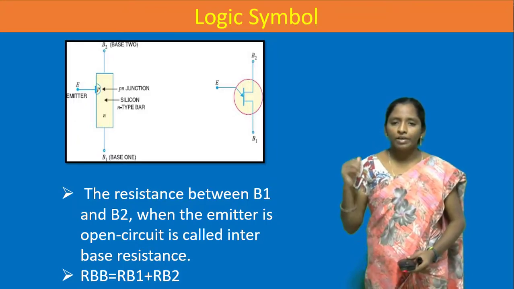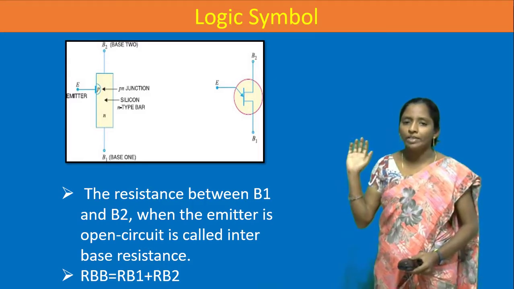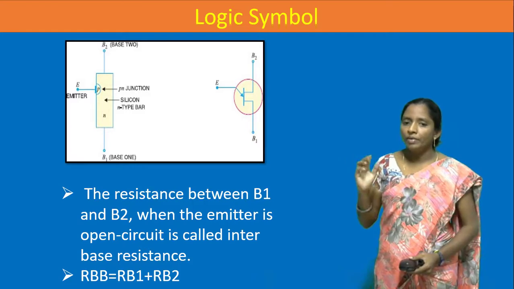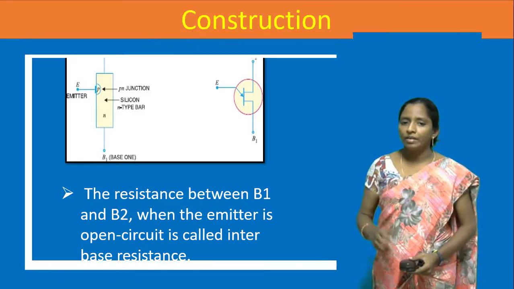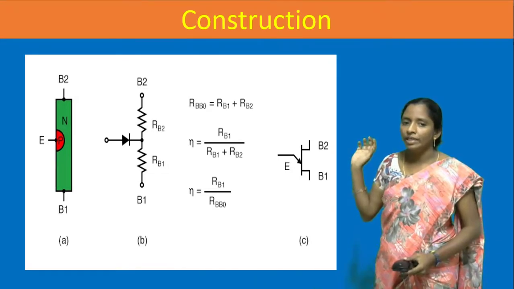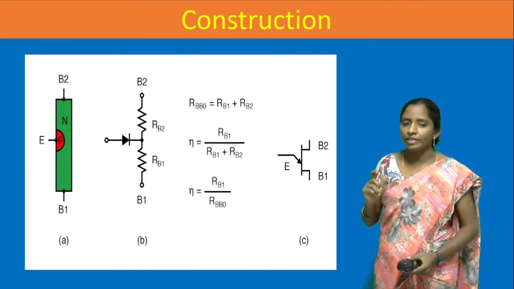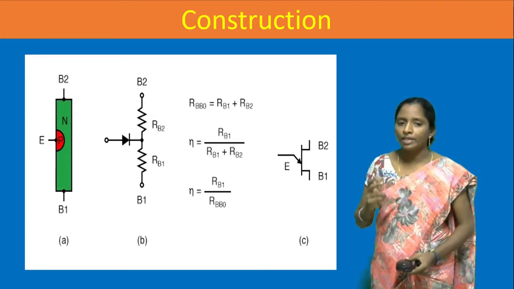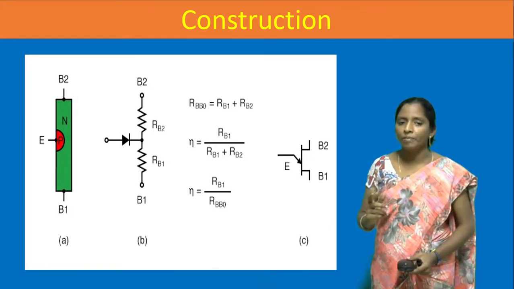Here is the logic symbol for the UJT, where the emitter is drawn vertically with an incline. This is the construction diagram of the UJT. We take a lightly doped N-type silicon bar and from it we take two terminals, base 1 and base 2.